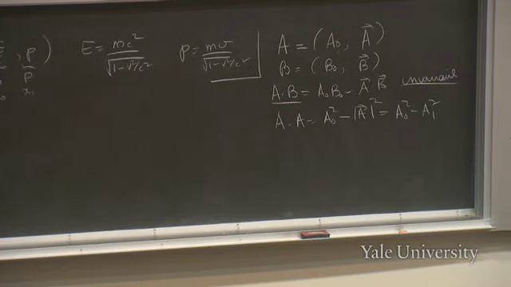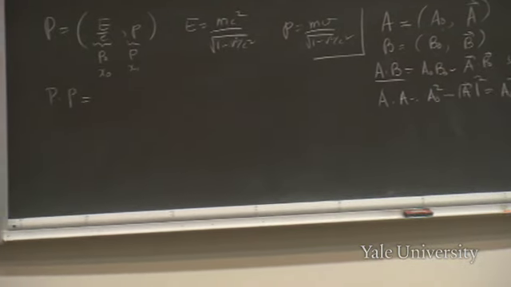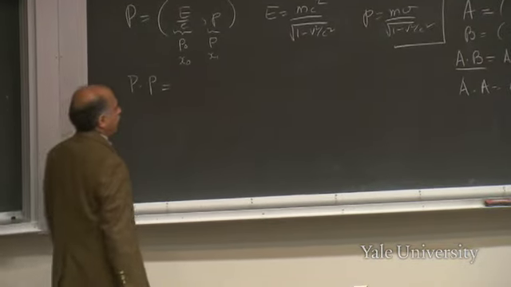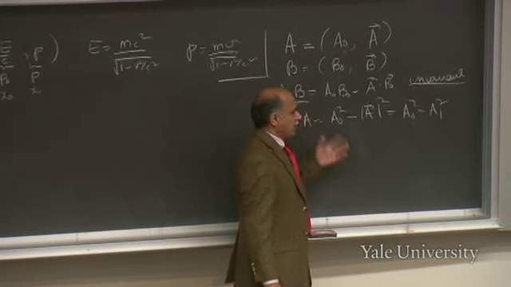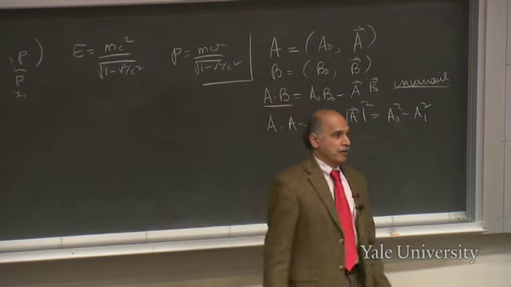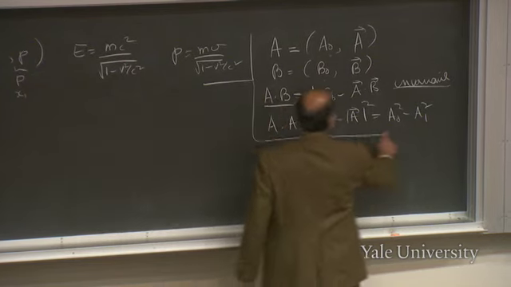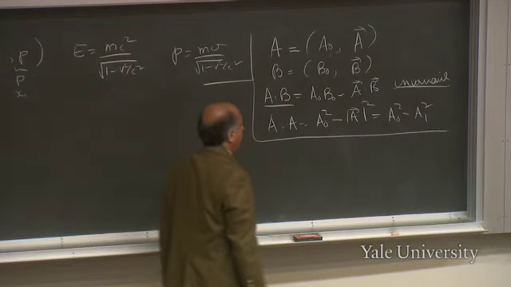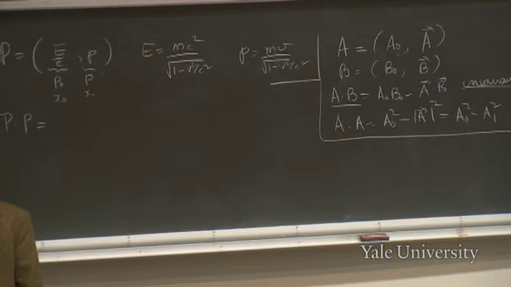Yep? Are these 4 vectors also what are called quaternions? No. Quaternions are a slightly different object. You can form with these 4 numbers something that you might call a quaternion. They were invented before relativity by Hamilton, and they have a great mathematical beauty, and they are a generalization of numbers.